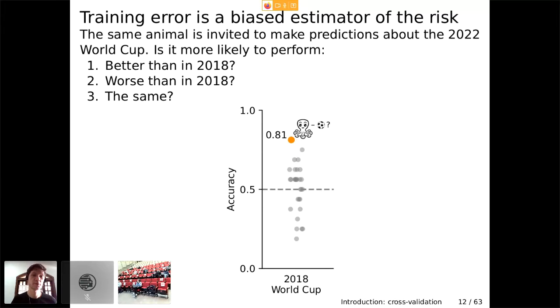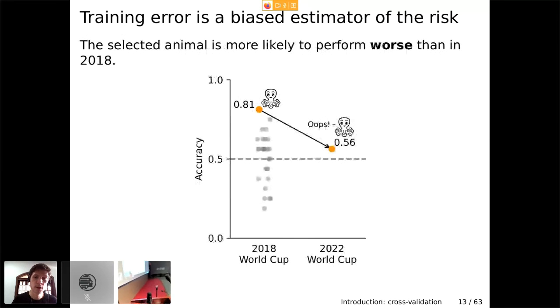Okay, thank you. So that's great. Indeed, it will be worse, because here in 2018, we have selected the best of all these candidates. So by construction, because of the way we selected it, it's going to have a good performance, because in order to be selected, most likely it performed exceptionally well on this data set.